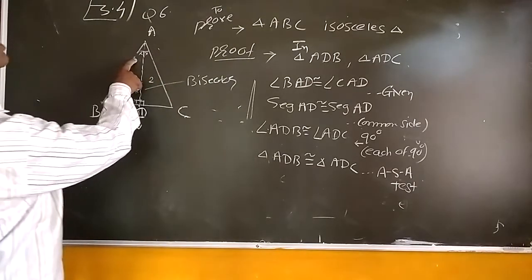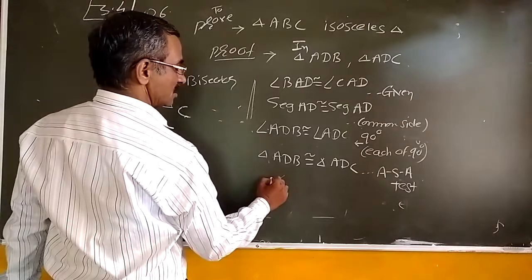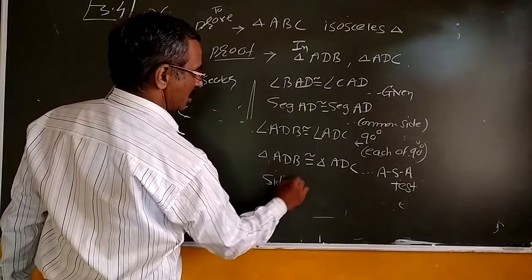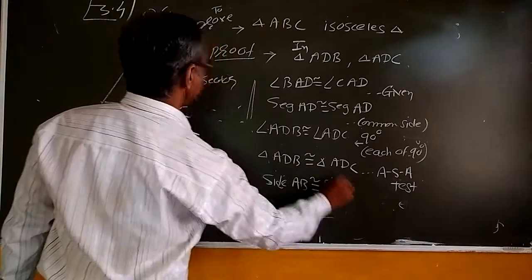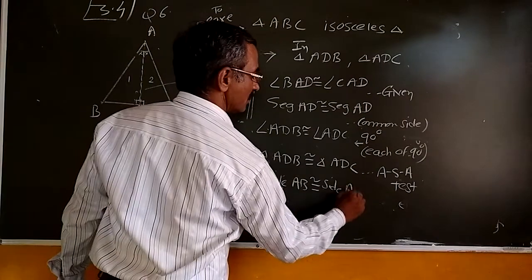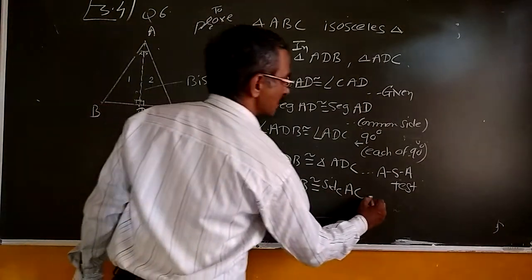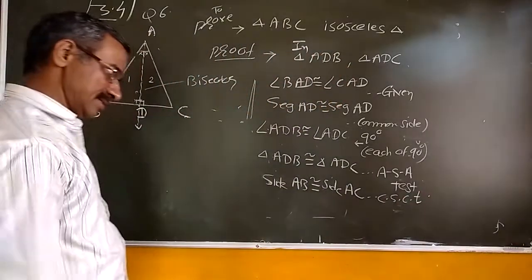So AB is equal to AC, means side AB is congruent with side AC. What is the reason here? Corresponding sides of congruent triangles, CSCT.